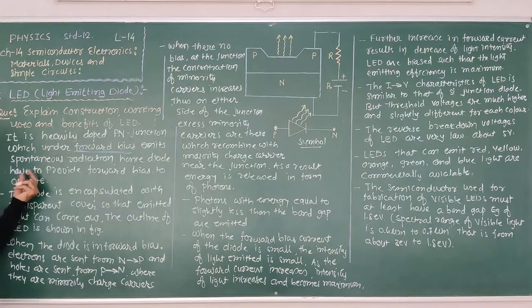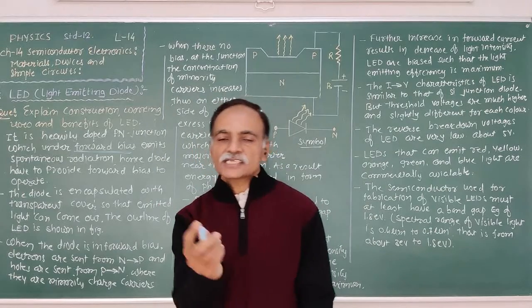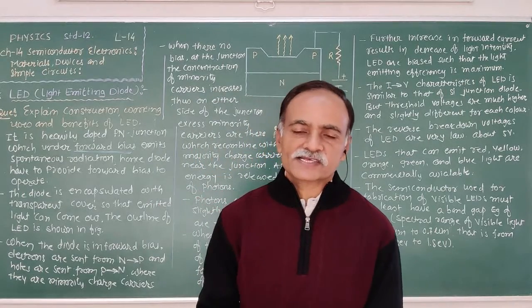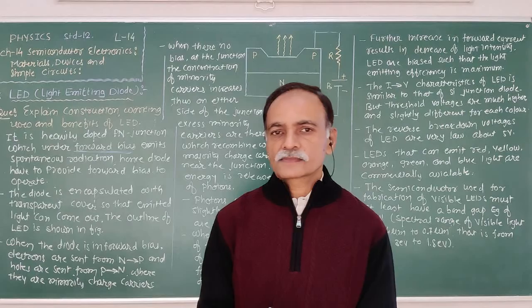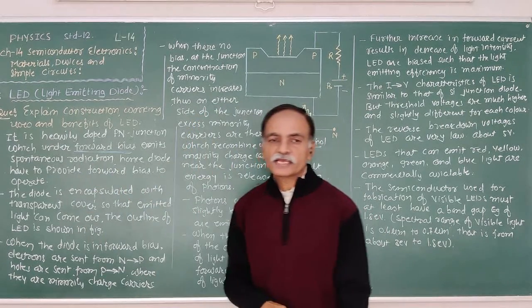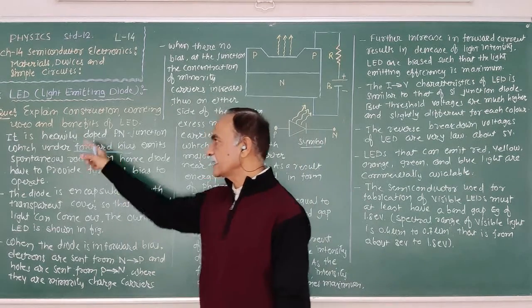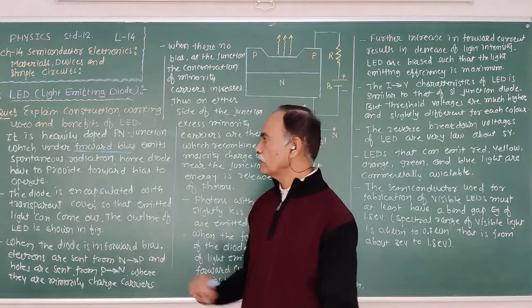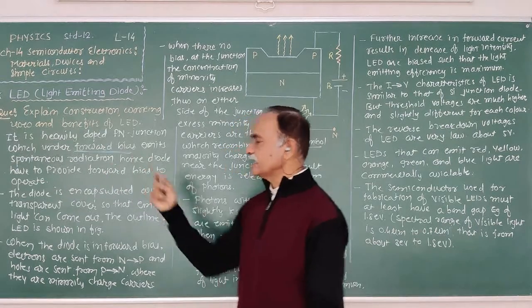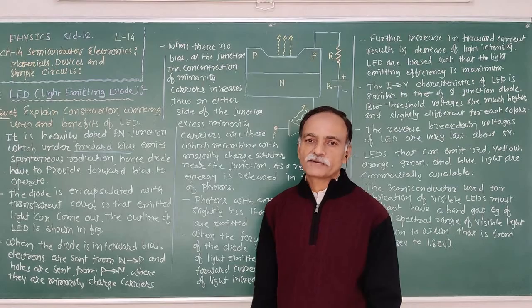Hence, the diode has to be provided forward bias to operate. To get the spontaneous emission of radiation or light, it is necessary to connect the light emitting diode in forward bias. That is the requirement for the light emitting diode.